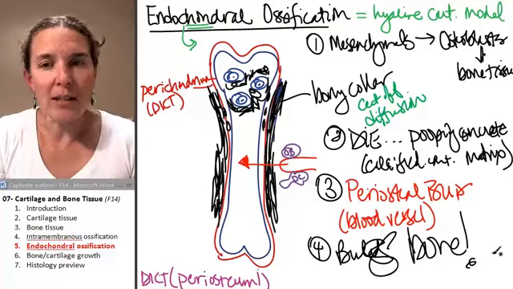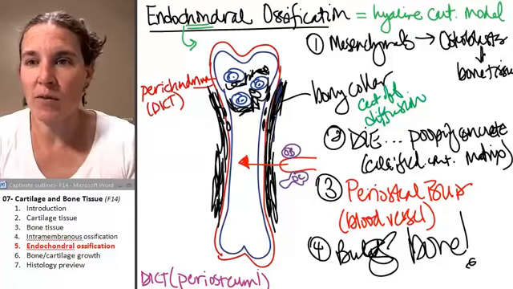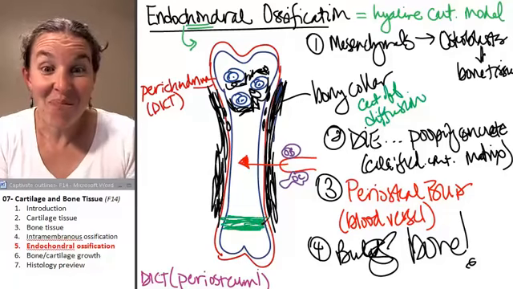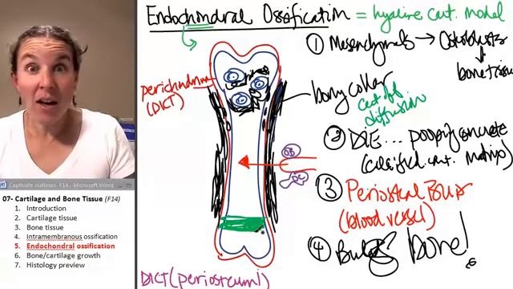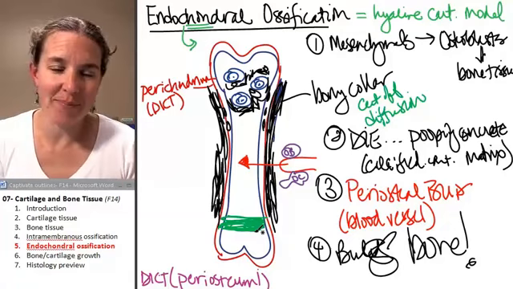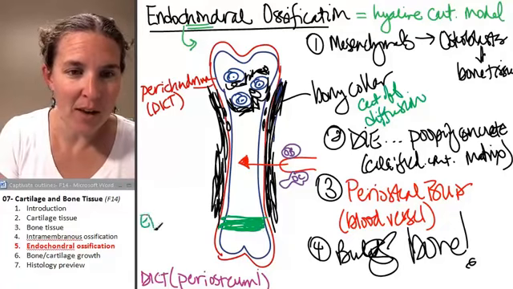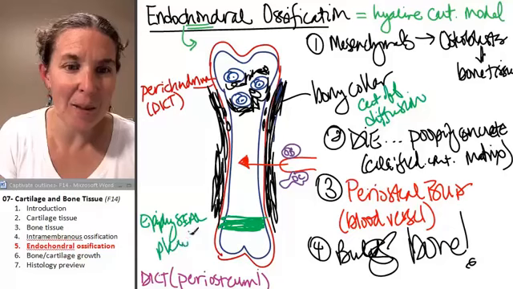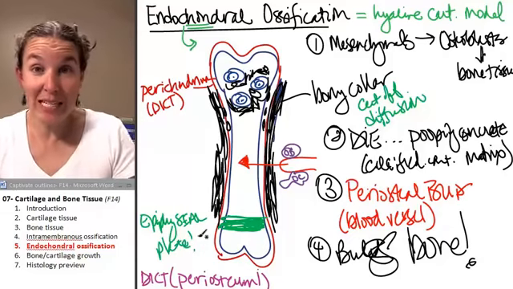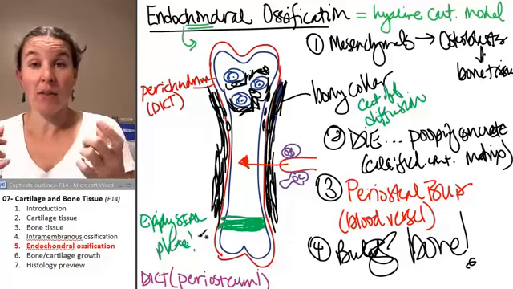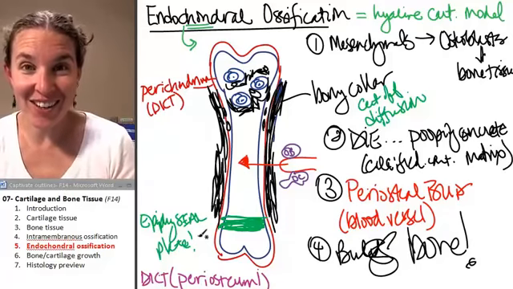They're bone organs in all places except for one for a little while. What is that place? It's the epiphyseal plate. Epiphyseal. Have you guys heard of that? Plate. The epiphyseal plate is a place where we still have hyaline cartilage.